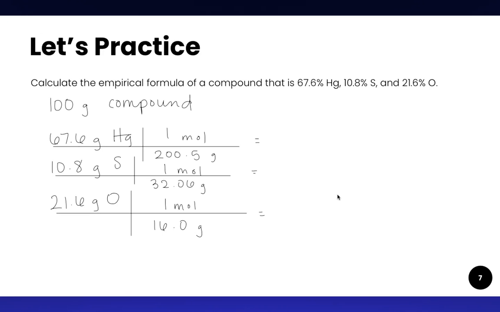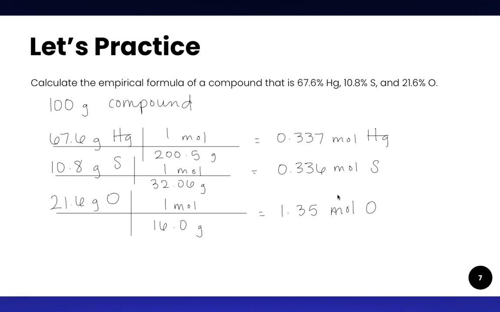This makes 0.337 moles of mercury, 0.336 moles of sulfur, and 1.35 moles of oxygen.